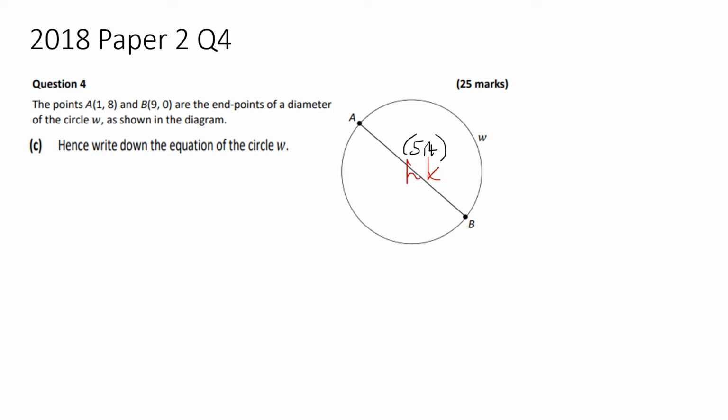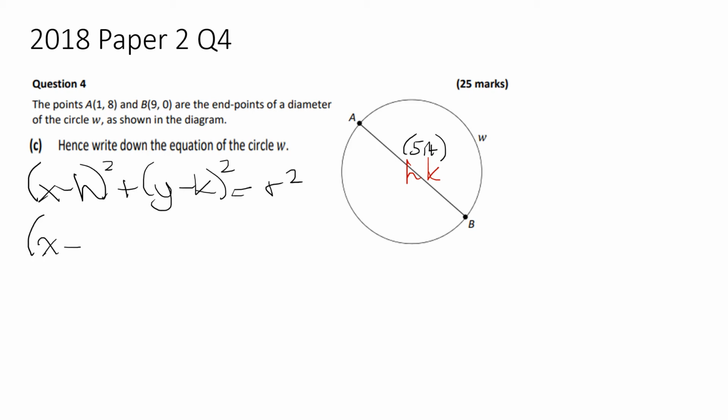The next thing I'm going to do is go to my formula tables and write down the equation of the circle: x minus h squared plus y minus k squared is equal to your radius squared.